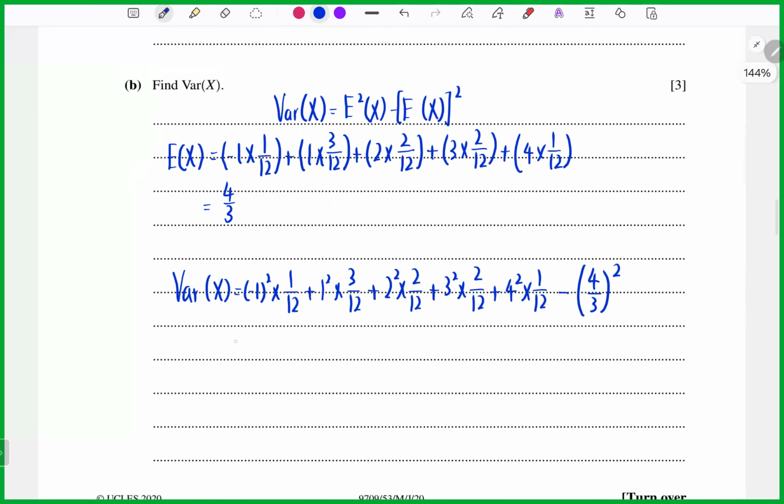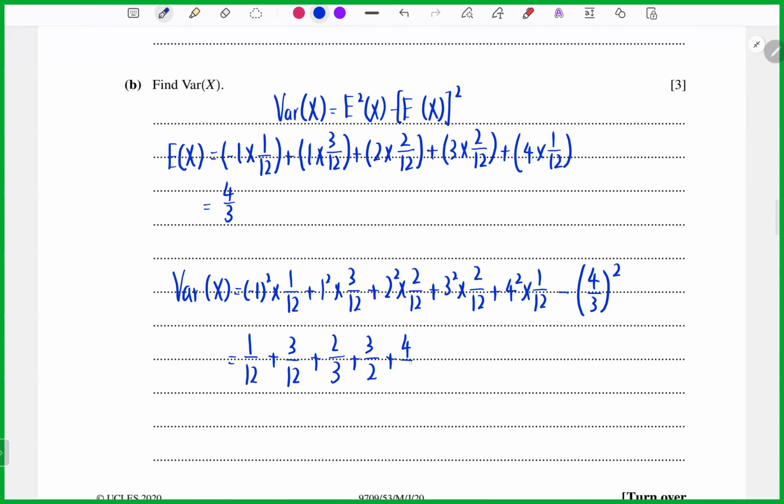So let's start. Negative 1 squared multiply 1 over 12, you will get 1 over 12, plus 3 over 12, plus 4 multiply 2 over 12, that is 2 over 3, plus 9 multiply 2 over 12, that is 3 over 2, plus 16 multiply 1 over 12.